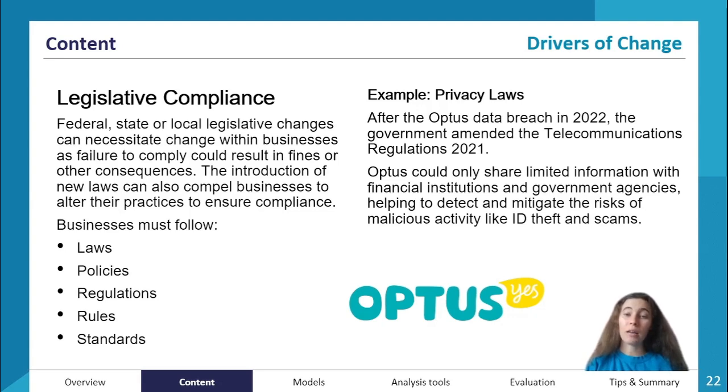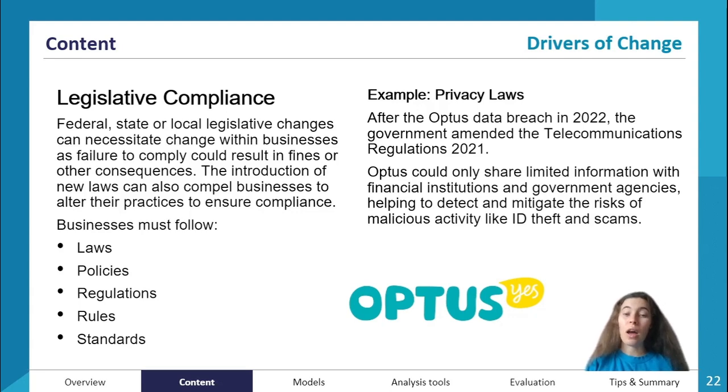And so one example we've got here is privacy laws. So many of us have likely heard about the Optus data breach that happened in 2022. The government, as a result of that, amended the Telecommunications Regulations 2021 legislation. And this meant that Optus could only share limited information with certain organizations, so financial institutions and government agencies.